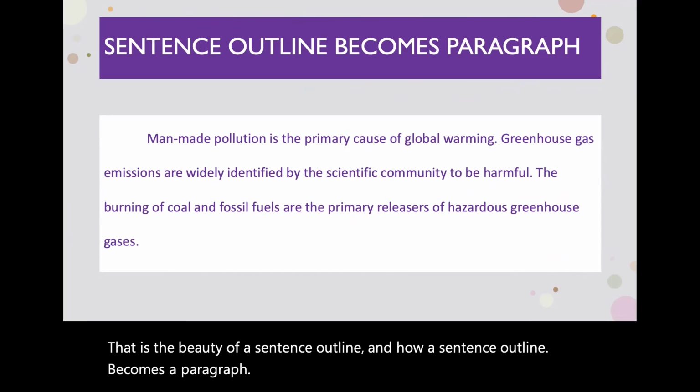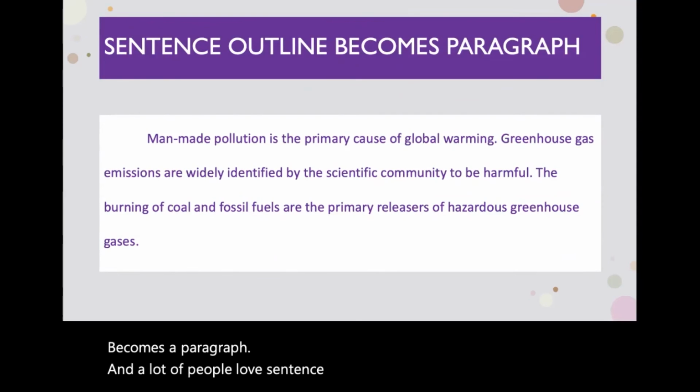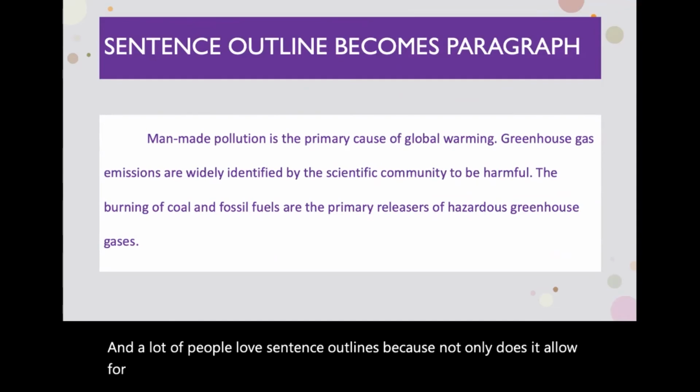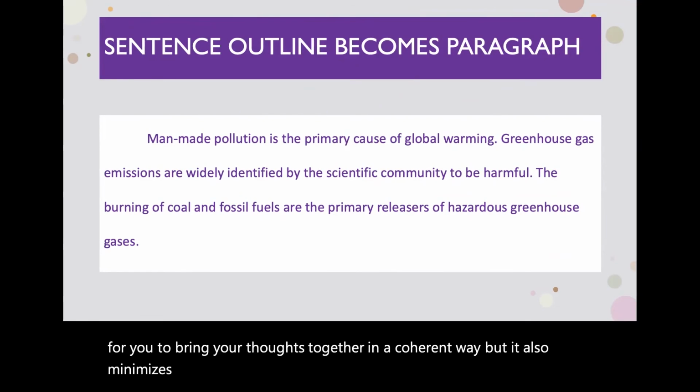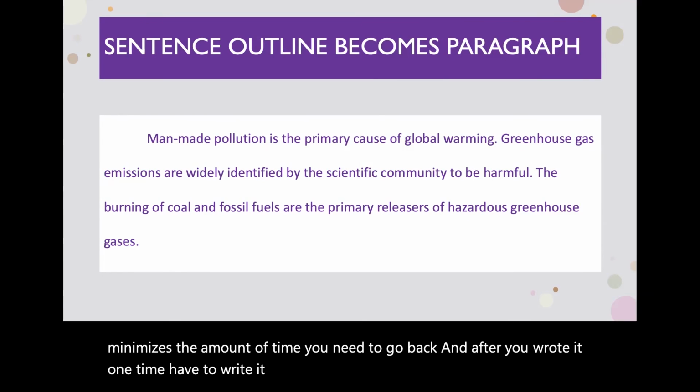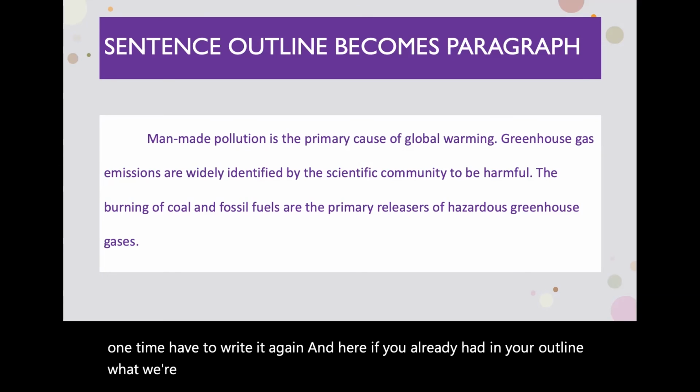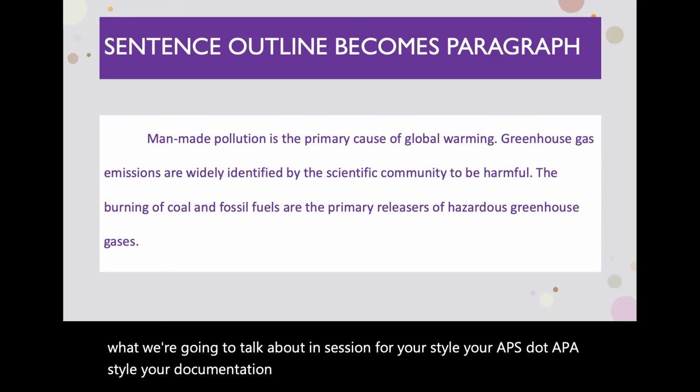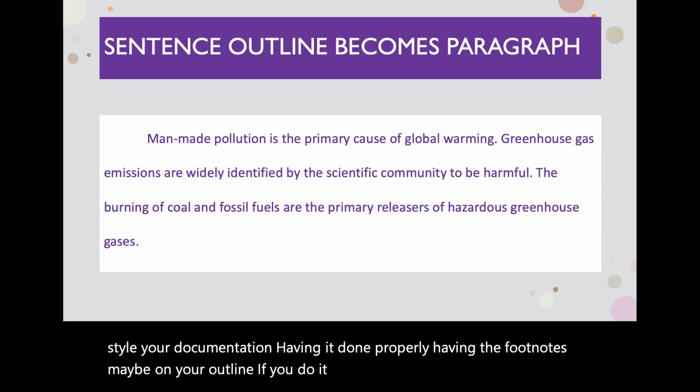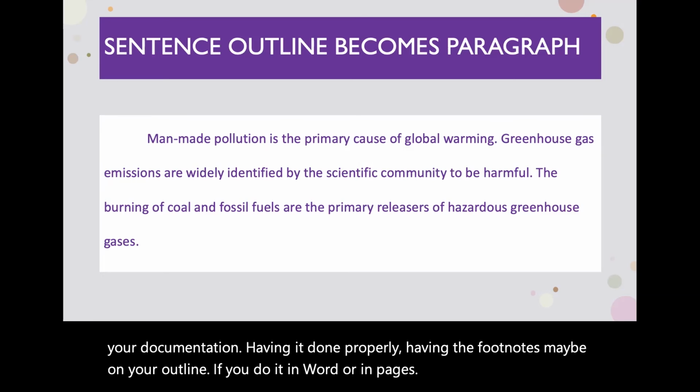And a lot of people love sentence outlines because not only does it allow for you to bring your thoughts together in a coherent way, but also minimizes the amount of time you need to go back and, after you wrote it one time, have to write it again. And here, if you already had in your outline what we're going to talk about in session 4, your APA style, your documentation, having it done properly, having the footnotes maybe on your outline if you do it in Word or in Pages on your Mac, you'll have everything you need.